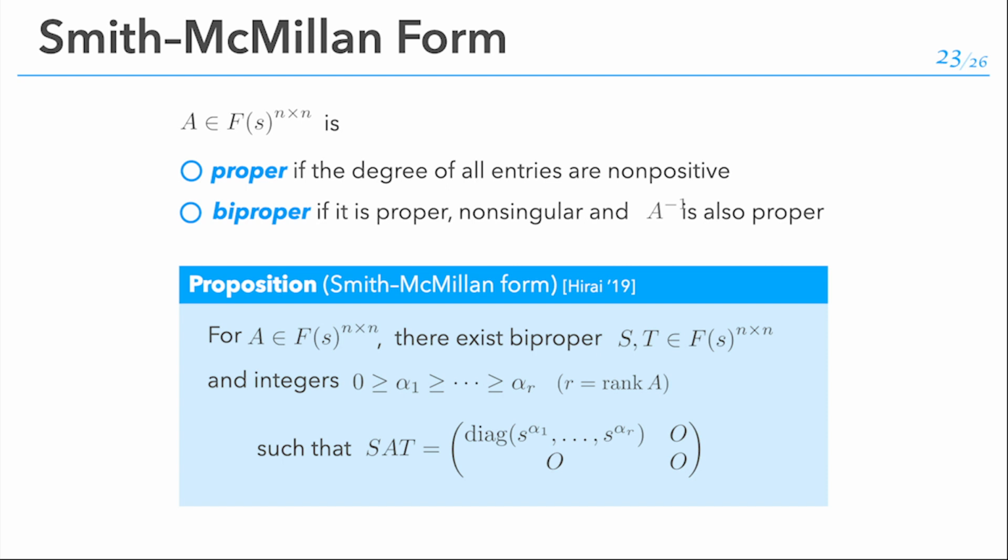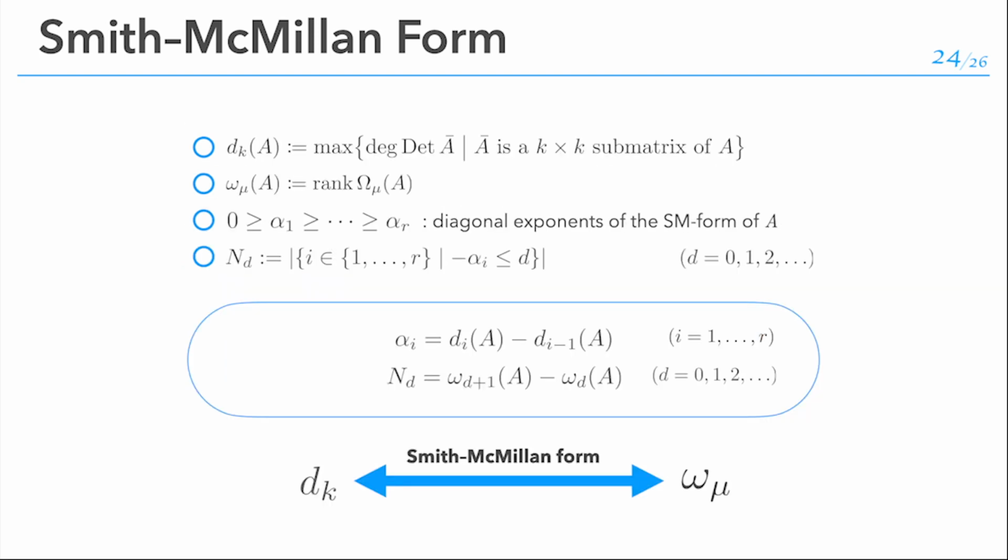This is called the Smith-McMillan form of A. Then, by using the Smith-McMillan form, the exponents alpha 1 to alpha r, and the quantity obtained from the alpha i's, we can show these relations between d and omega.